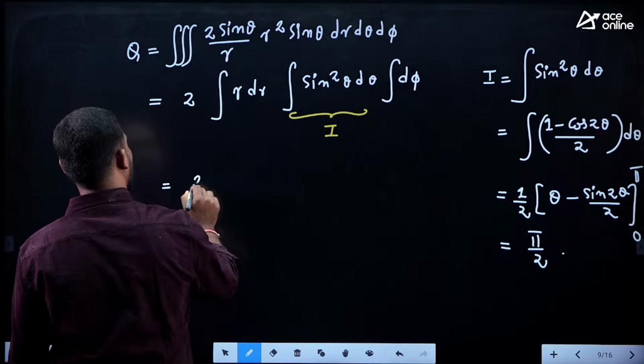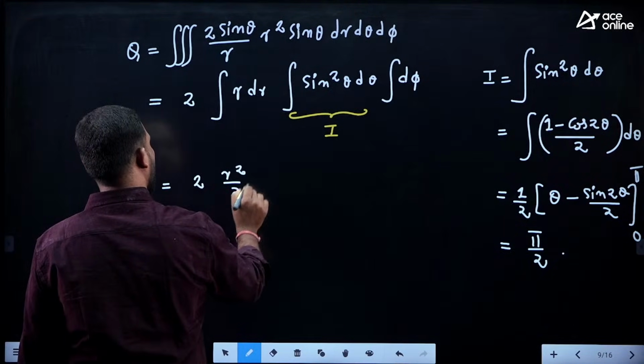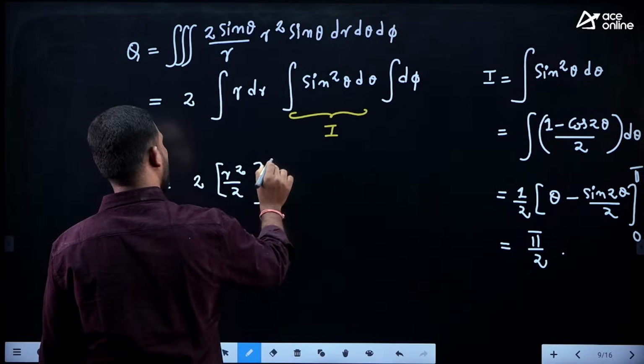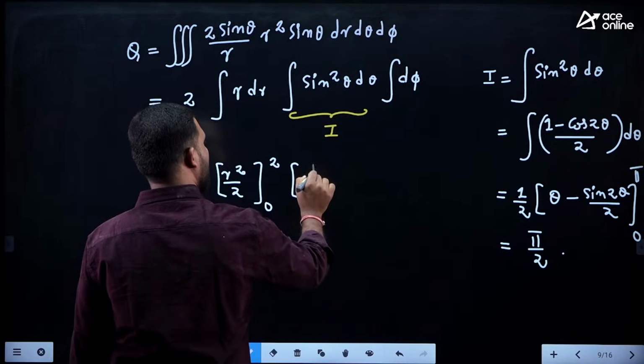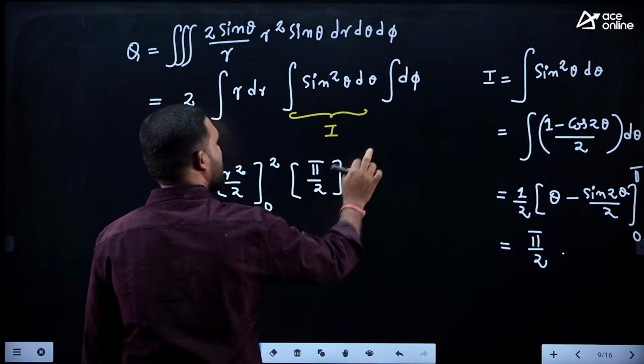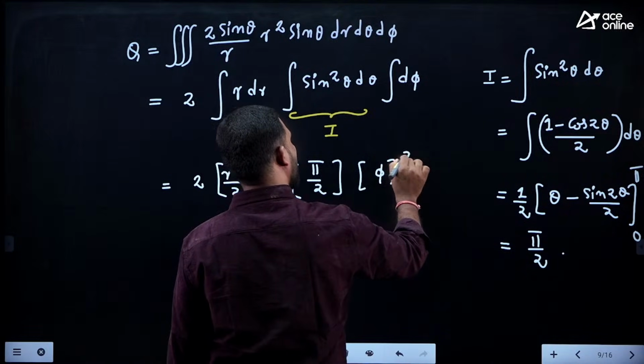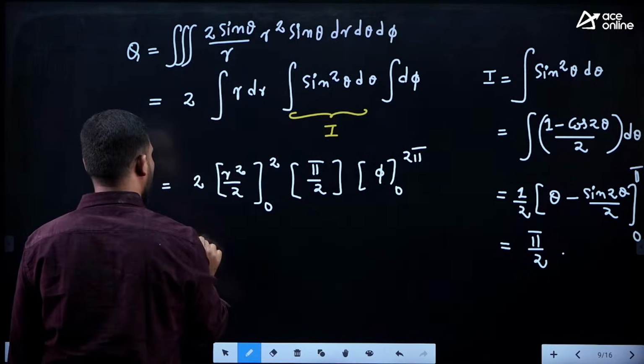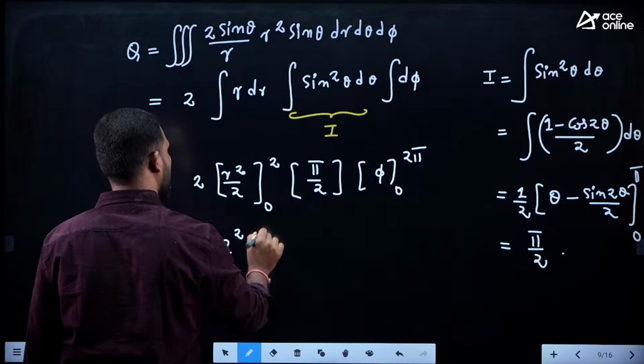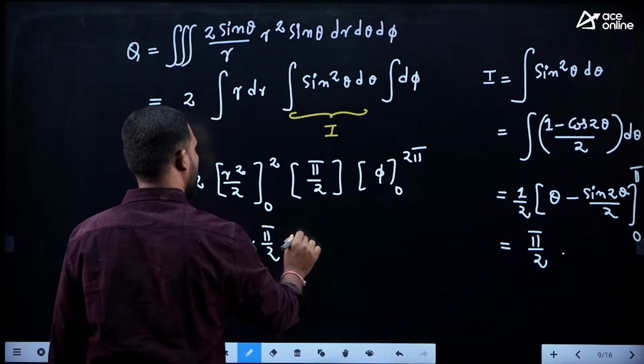So it is 2 into r square by 2, this is from 0 to 2. So this value is pi by 2. This integral is d phi, and the phi integral is from 0 to 2 pi. Upper limit minus lower limit, it is 2 square into pi by 2 into 2 pi.